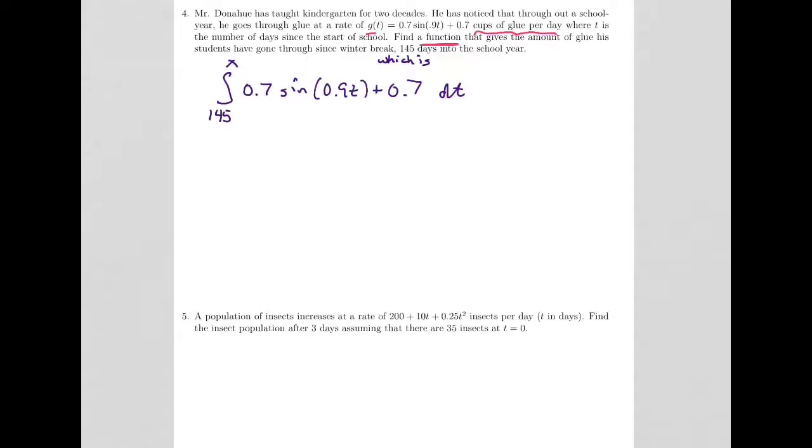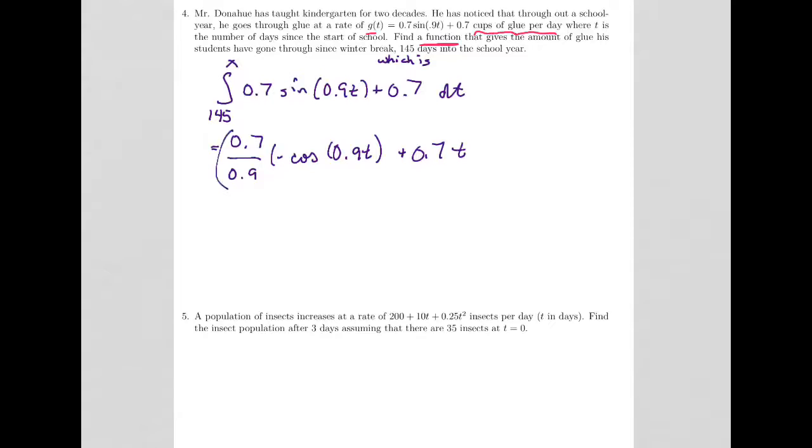And so we're going to take the antiderivative. The antiderivative of 0.7 sin(0.9t) is going to be 0.7 over 0.9, and the antiderivative of sine is negative cosine, so negative 0.7 over 0.9 cosine of 0.9t, plus 0.7t.